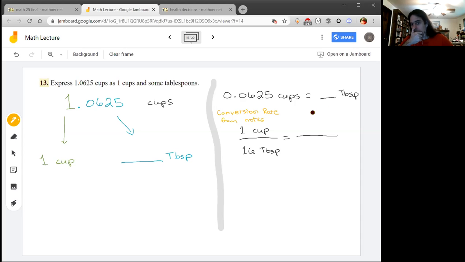And on the other side, we have this problem. So if cups is on top, cups has to stay on top. Tablespoons is on bottom, tablespoons has to stay on bottom. And this problem has 0.0625, and I don't know how many.